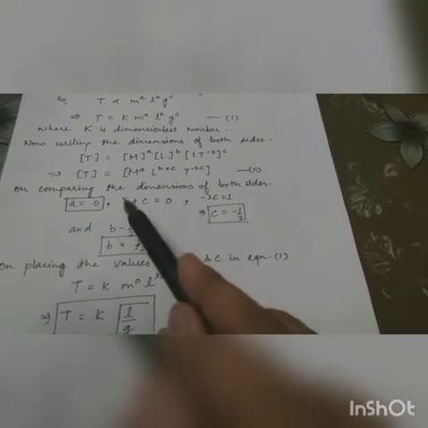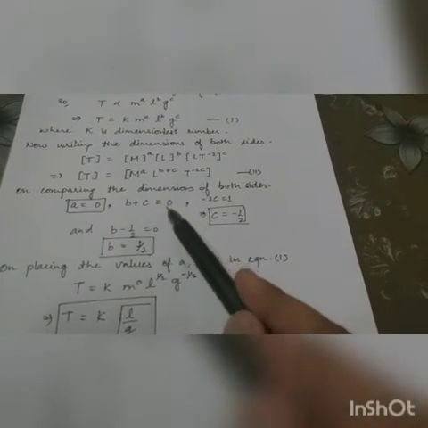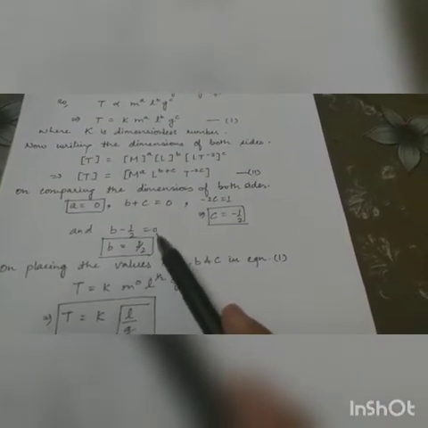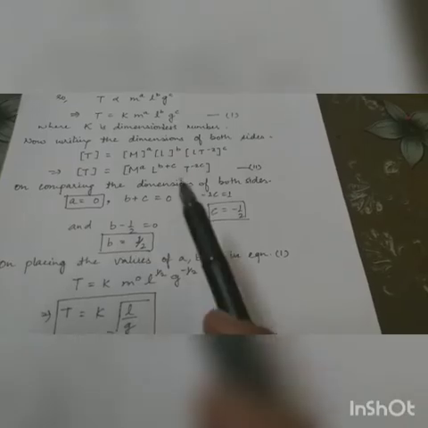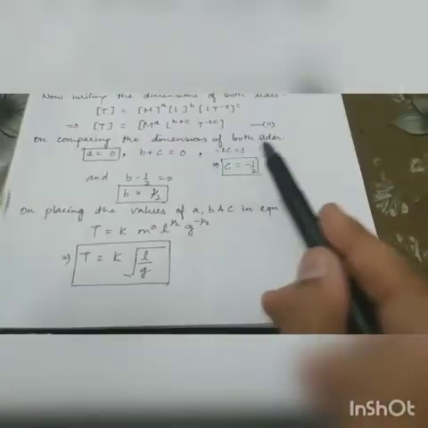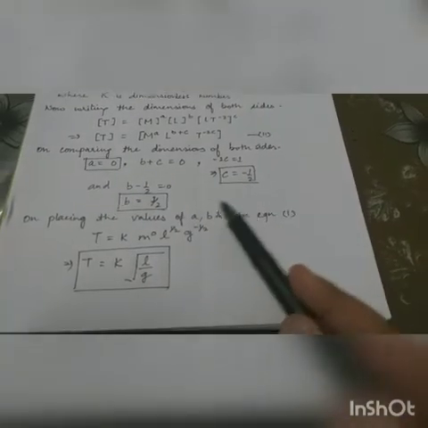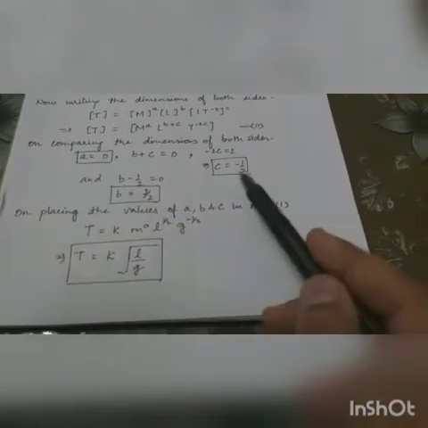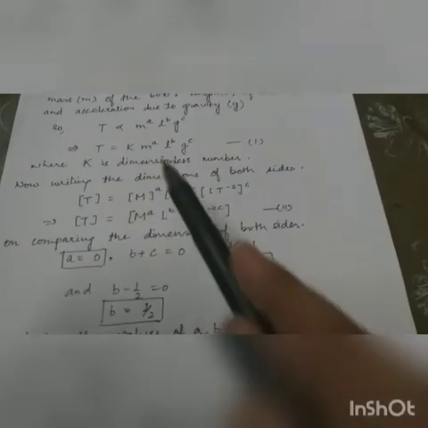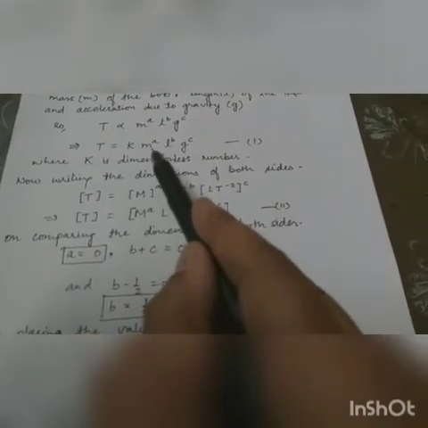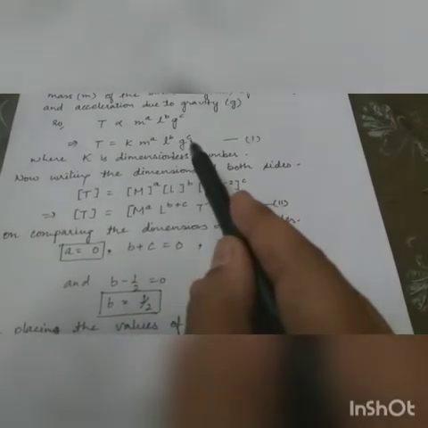On placing this value in b plus c equal to 0, b minus 1 by 2 is equal to 0, so b is equal to plus 1 by 2. So we have determined the values of a, b, and c. On placing these values in equation number 1, t is equal to k, m raised to power a, l raised to power b, and g raised to power c.